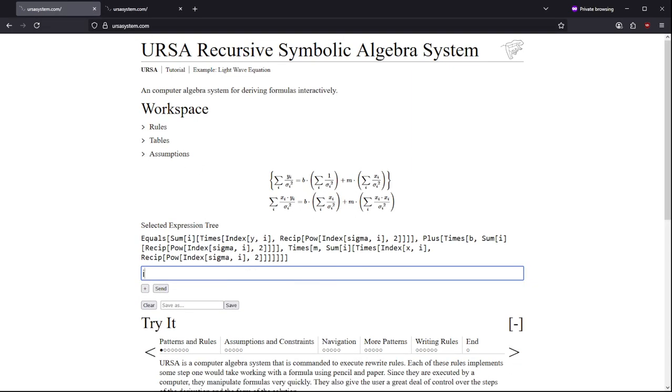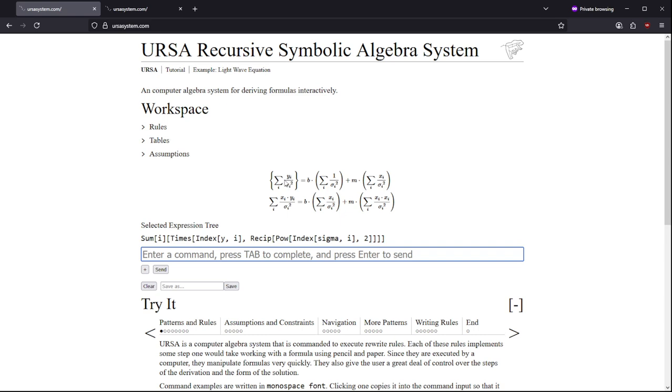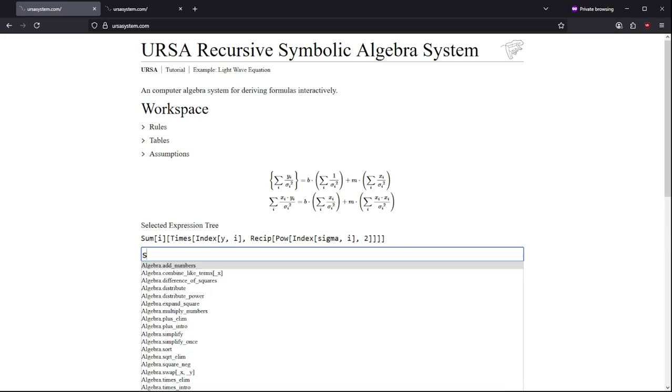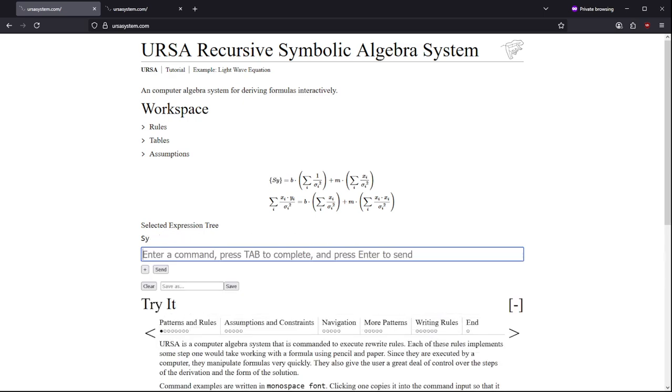Now to make this look a little nicer, I'm going to give some of these sigma terms names. So I'm going to use the /name command, which assigns a variable name to whatever you have selected. I'm going to call this sy. The s stands for sum and the y stands for the numerator of this fraction, so I'm just going to call this one sy, then substitute.